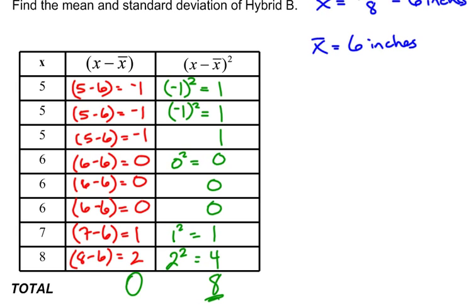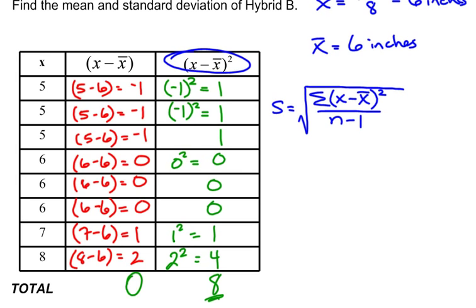So we go back to our formula. S is equal to the square root of the sum of x minus x bar squared divided by n minus 1. We've got our x minus x bar squareds right here, and we've already totaled them up. So they have a total of 8. So S is equal to 8 divided by 8 minus 1, which of course is 7.